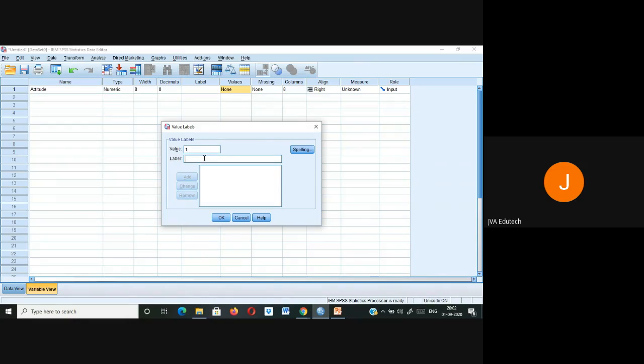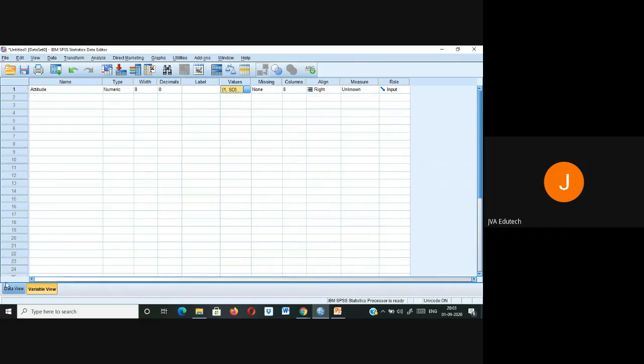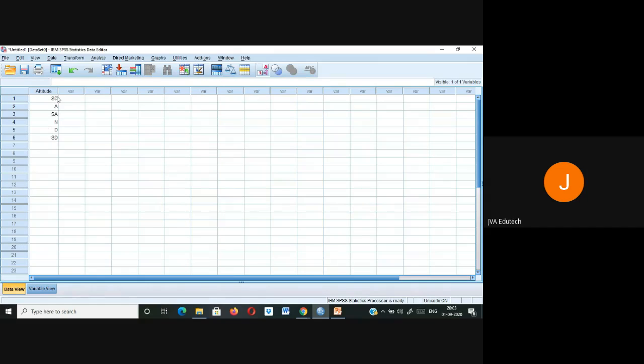Define 1 is equal to strongly disagree, 2 is equal to disagree, 3 is equal to neutral, 4 is equal to agree, 5 is equal to strongly agree. Now SPSS will be able to understand what these numbers mean.